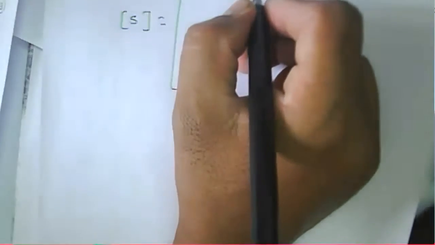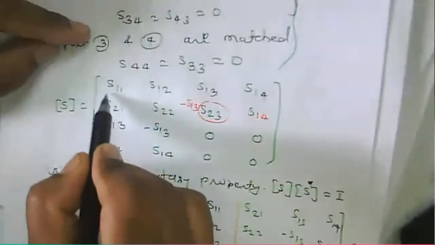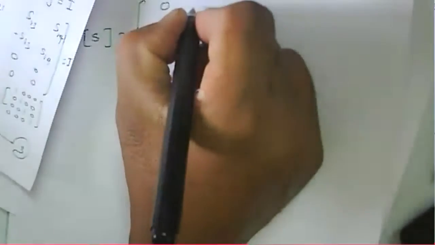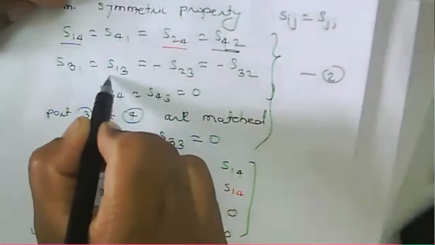Next is S12. We say that S12 is equal to S11, which means again it is 0.